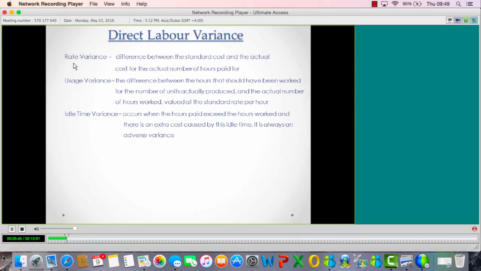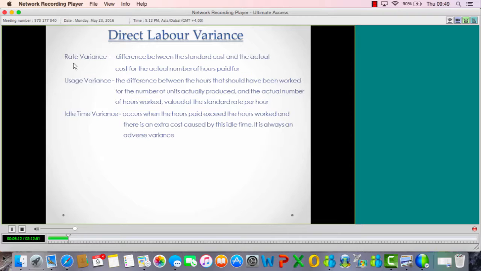Rate variance and efficiency variance can be favorable or adverse, but idle time will always be an adverse variance, because it is a loss to the company. Is it clear?